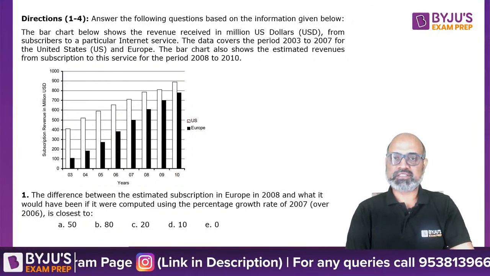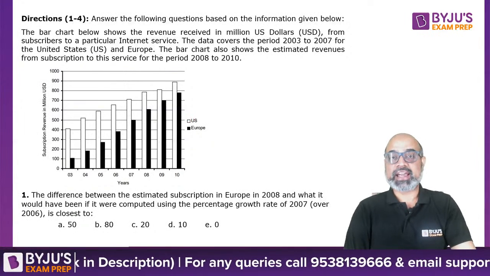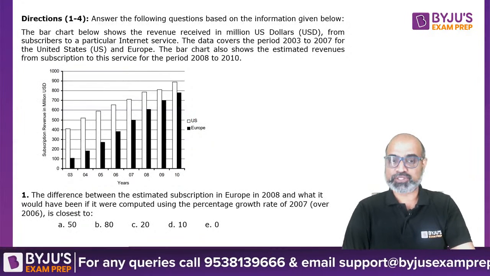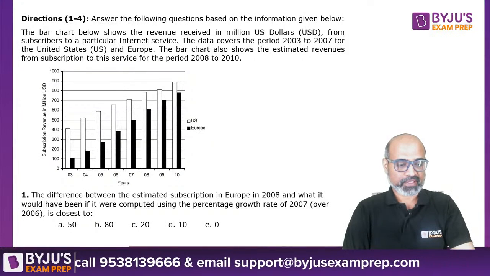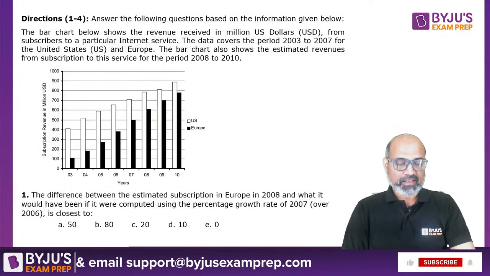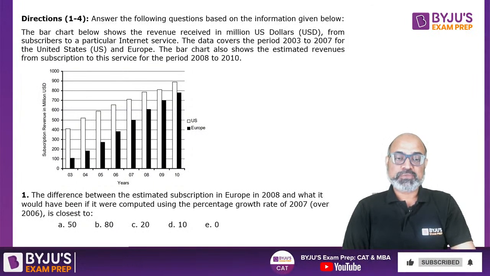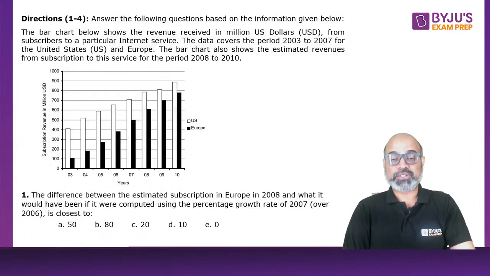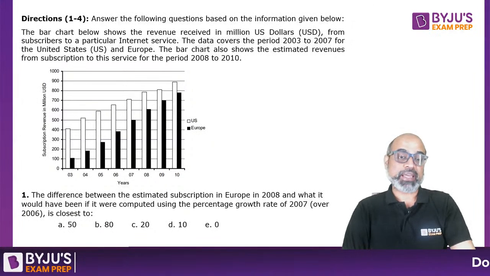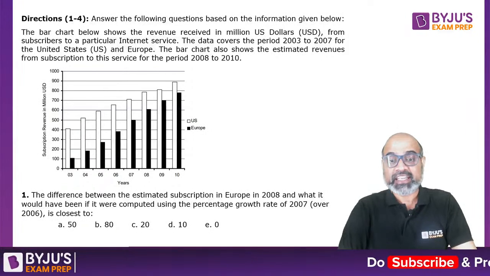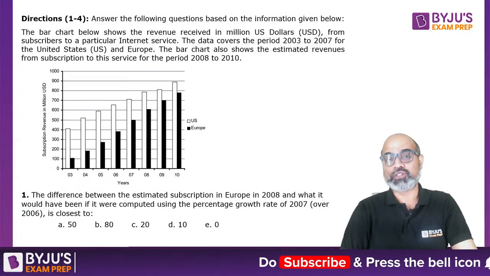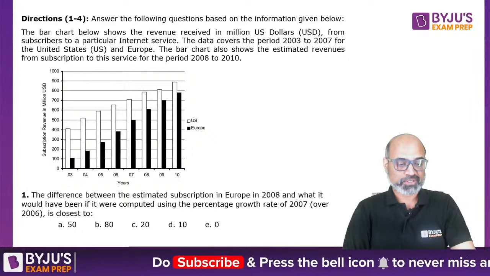The white bars show US, and the shaded or the black one shows Europe. The difference between the estimated subscription in Europe in 2008 and what it would have been if it were computed using the percentage growth rate of 2007 over 2006 is closest to.